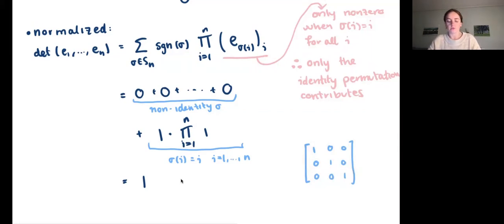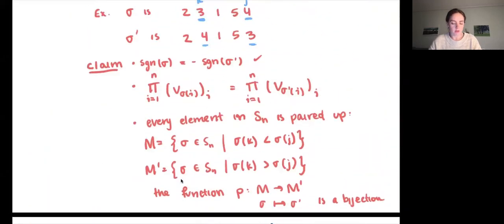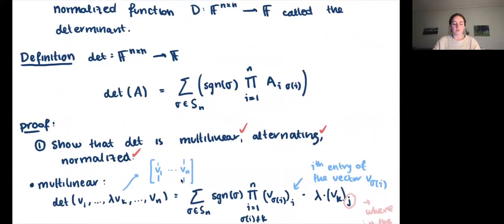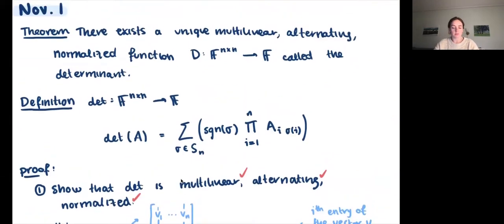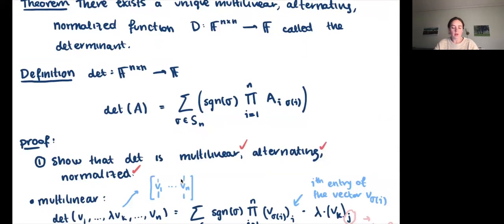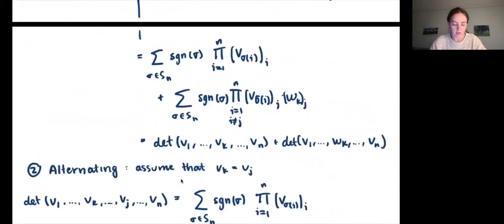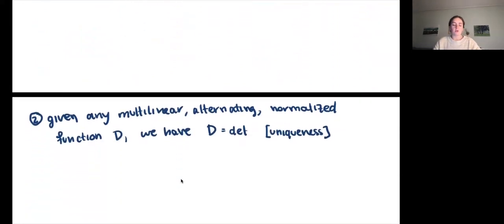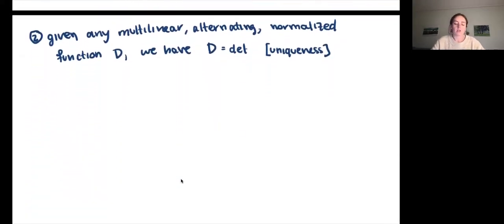Okay, so let's go back to our proof map. We've now proved normalized. Then we had step 2, which was to show that this was the unique function that accomplished this. So let's go to step 2. Given any multilinear alternating normalized function D, we're going to show that D is equal to the determinant.